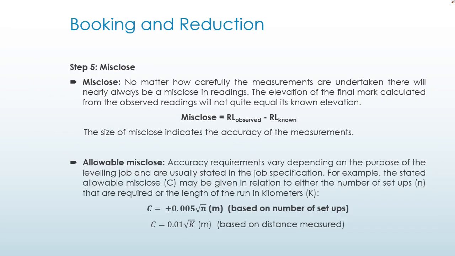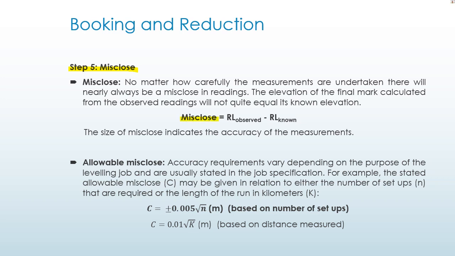The next step is calculation of misclose. We know that there are 3 sources of errors. Even if you have no errors in the measurement, the errors may come from the instrument or from natural errors like the wind or temperature. That's why we need to check the misclose.